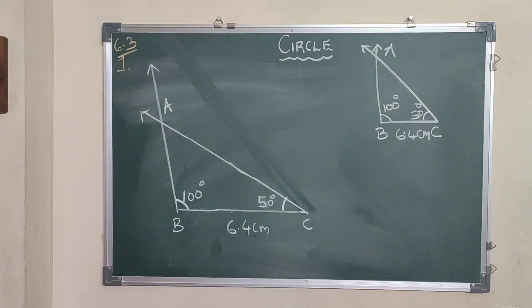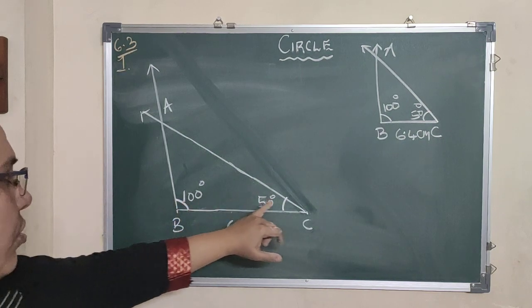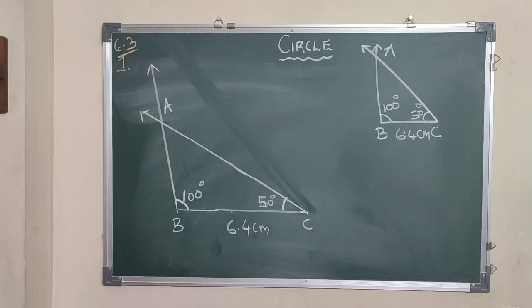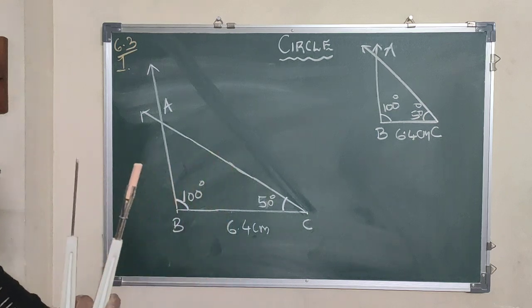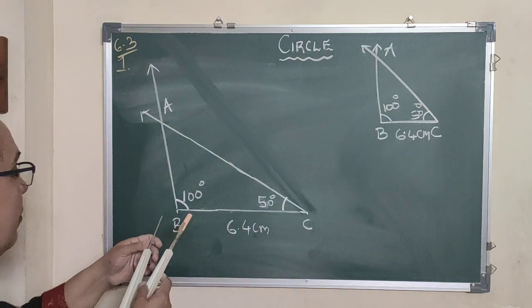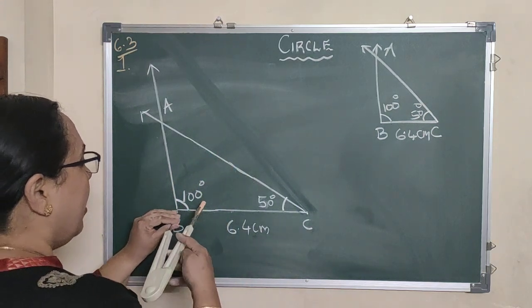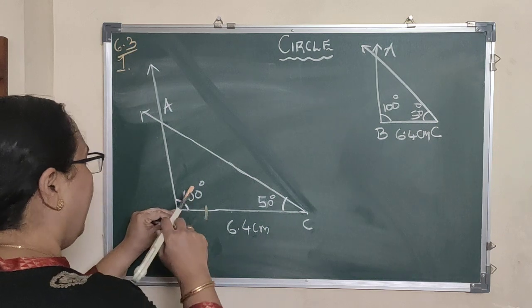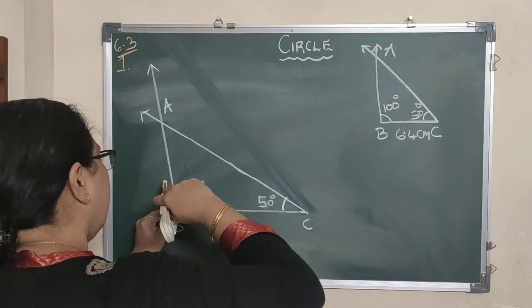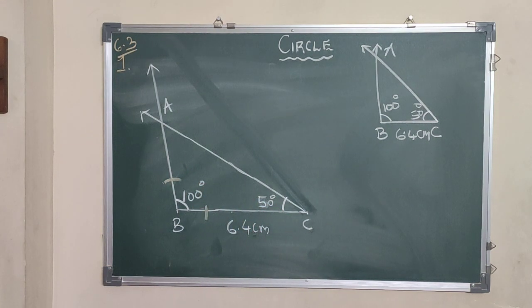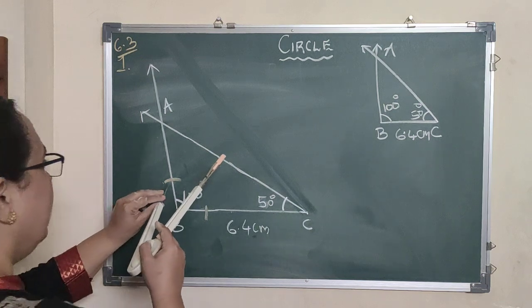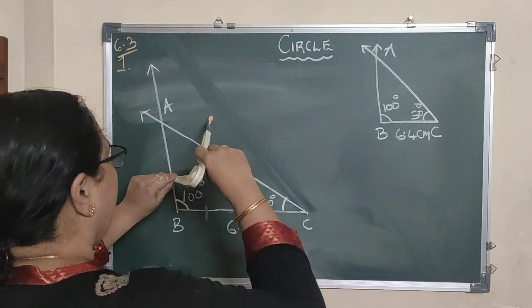What do we do? We draw the angle bisector. I trust the angles that I have drawn. So I will draw angle bisectors of these two angles. How do we draw angle bisectors? Yes, we take a suitable length in the compass, and keep at point B. Cut both the arms of the angle with the same distance, and now if you need we can change it, and accordingly keep it here and draw an arc.